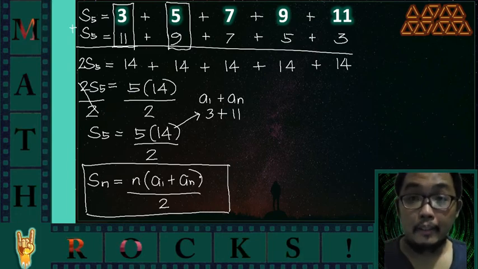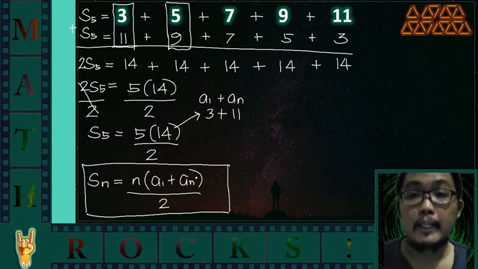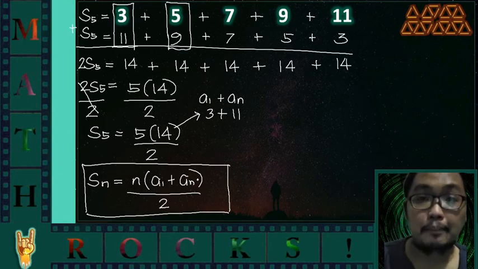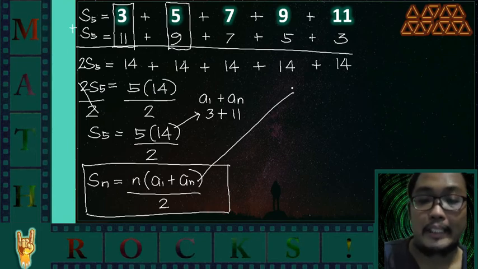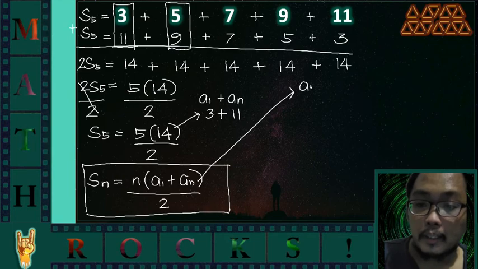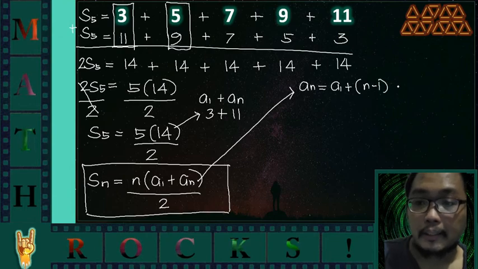And now for the other formula, it is only based upon the idea of the a sub n being written in terms of the expression that gives us the formula for the nth term. Going back to such formula, we have a sub n equal to a sub 1 plus the quantity of n minus 1 times d.